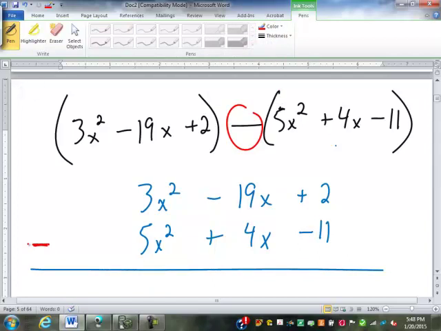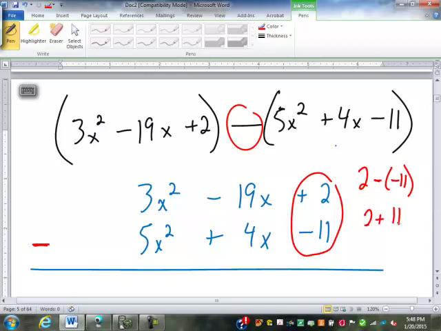When I do this, I like to write things off to the side so I can see what's going on. Here we have 2 minus a negative 11. What did we say we do when we subtract with negative numbers? Make it plus the opposite. So instead of 2 subtract negative 11, it's 2 plus positive 11.